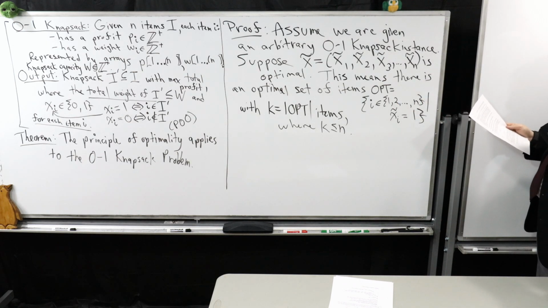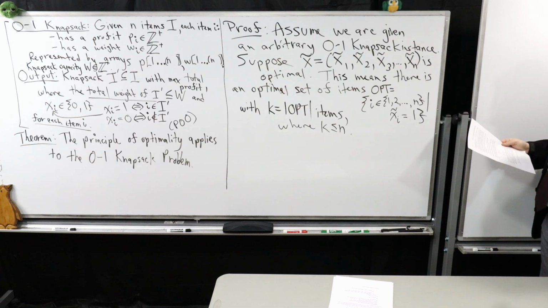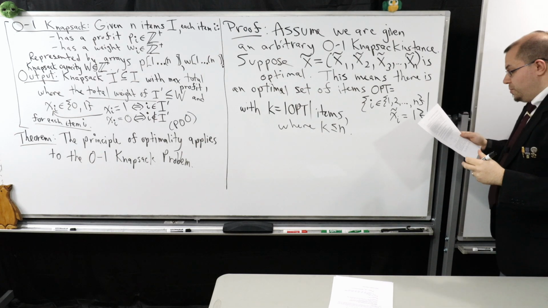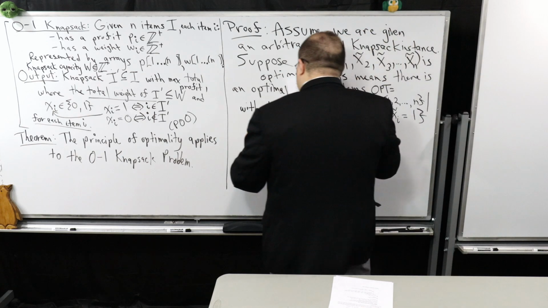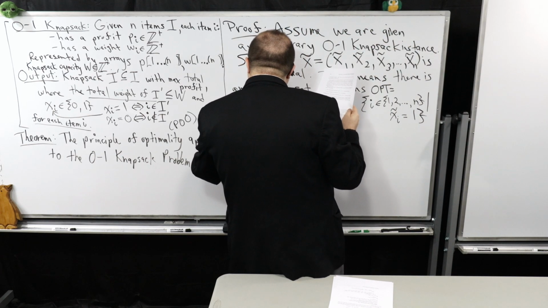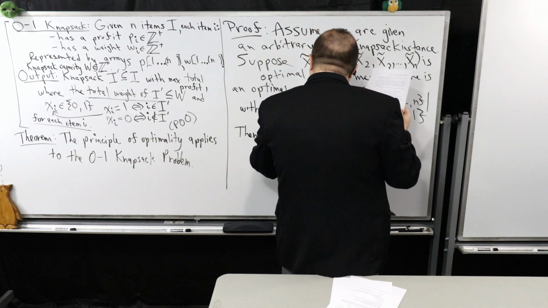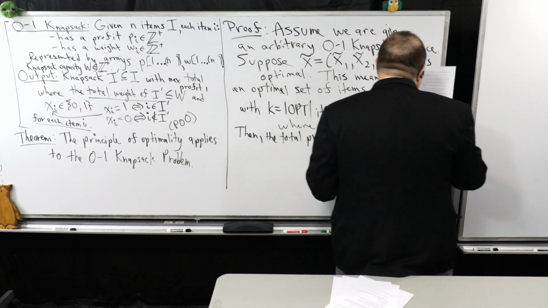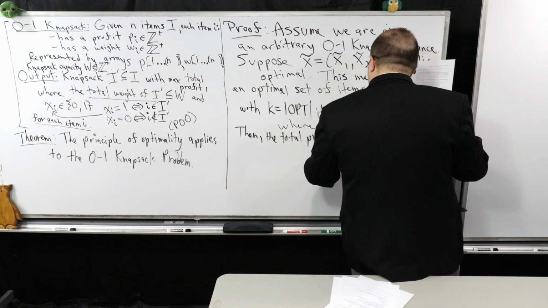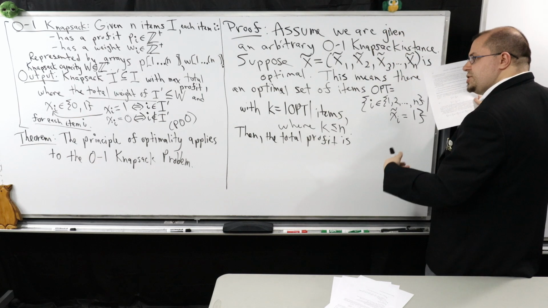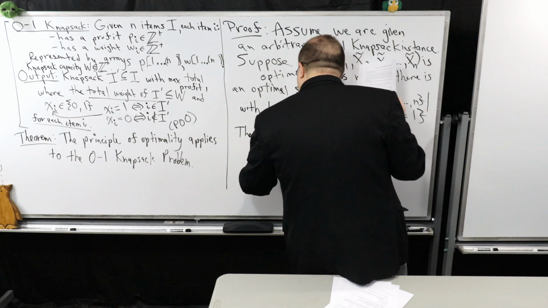I'm just going to write down what the optimal profit and the total weight of this knapsack would be. Then the total profit. I'll just use the definitions of what I talked about with the total profit.